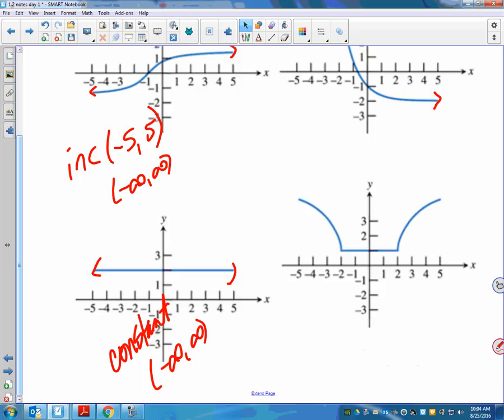Your functions are going to look more like this. We could see here it's decreasing, it changes to constant, it changes to increasing. If this were algebra 2, you could probably just write that down and get your points. But in precalculus, you have to write it out, that it's decreasing.